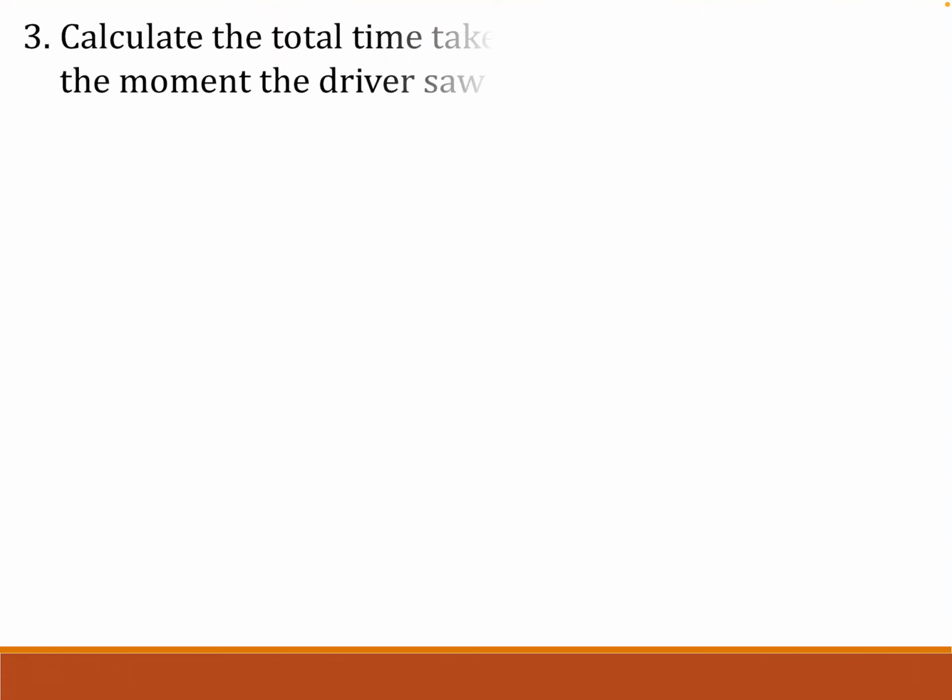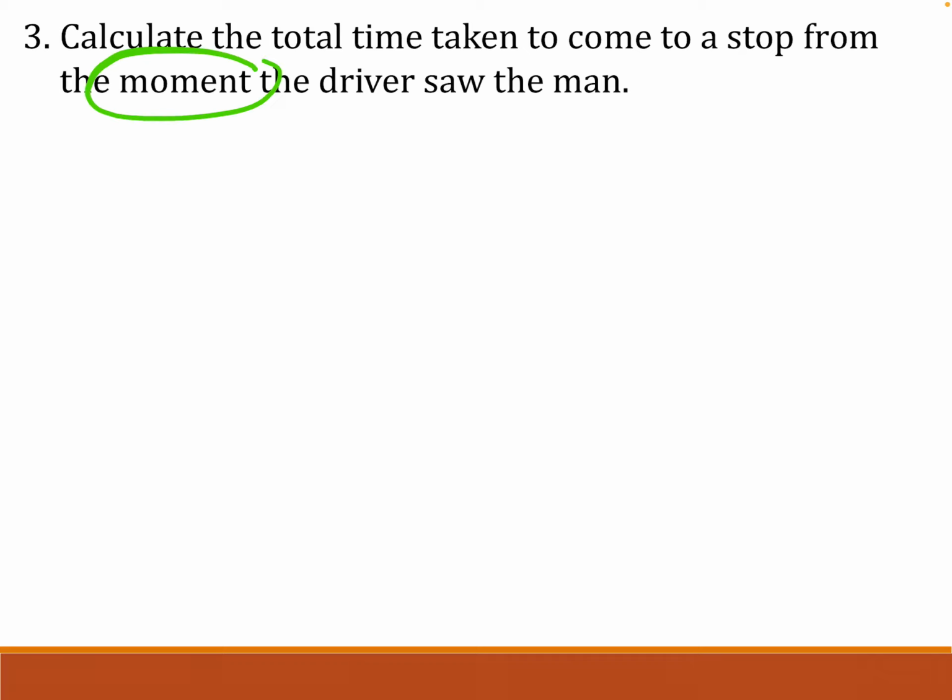Okay? So, now calculate the time taken to come to a stop from the moment the driver saw the man. So, remember, the first 40 meters took 2 seconds. We now know acceleration for this one. We worked it out as -2.